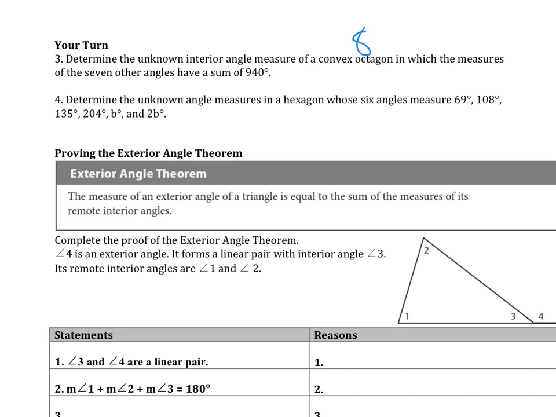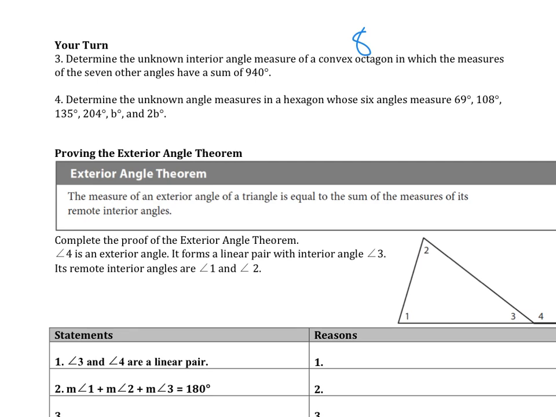In which the measures of the 7 other angles have a sum of 940. So what would be nice to know in this problem besides the answer? The total measure of a figure that is an octagon. Okay, so I'll let you work on that.